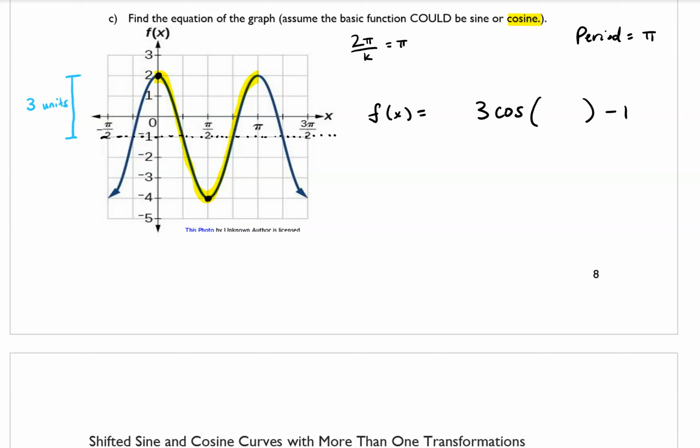So if I cross multiply, then we get k times pi is equal to 2 pi. And then I can divide both sides by pi. And then we would end up getting that k is equal to 2. So here, the thing that we're multiplying by x would be 2. That's our k value. And then we're just going to have x here like that. And that is our answer.